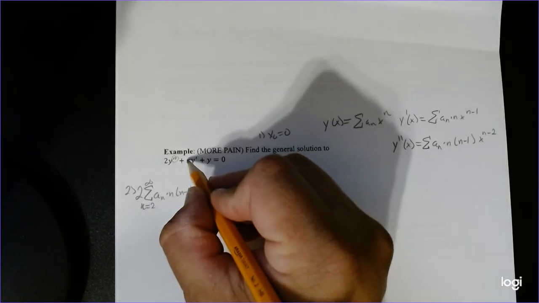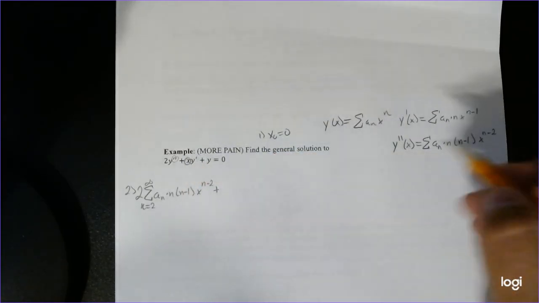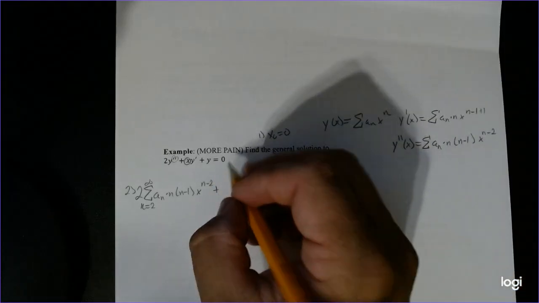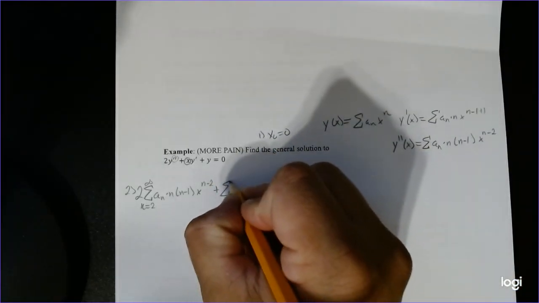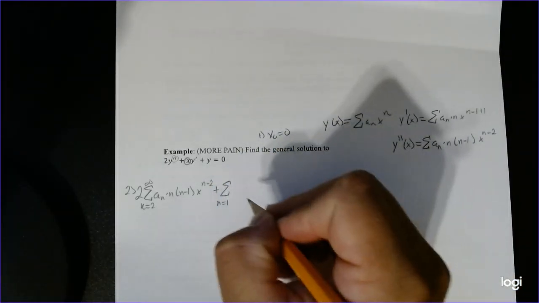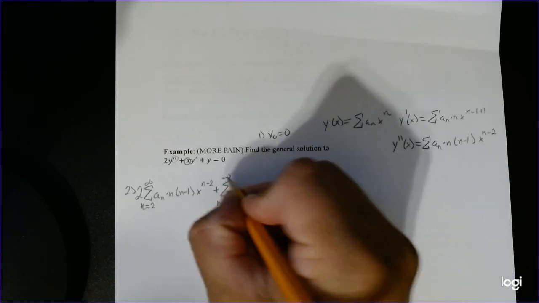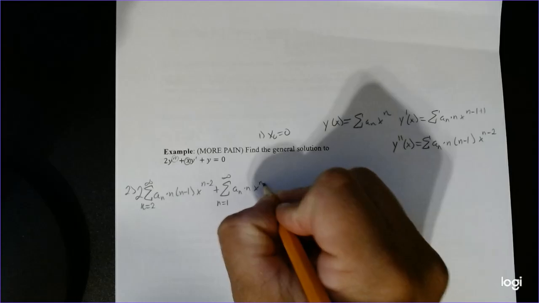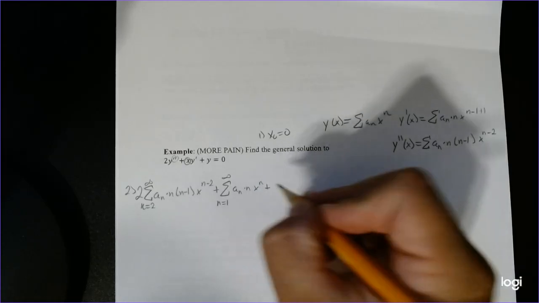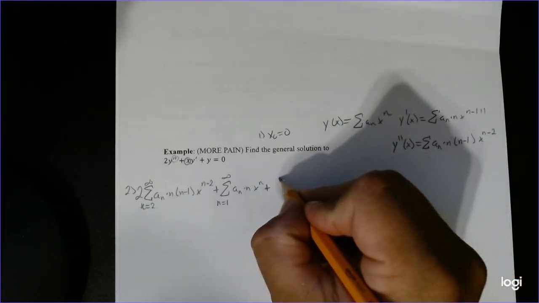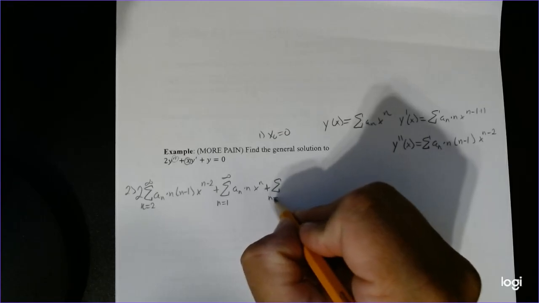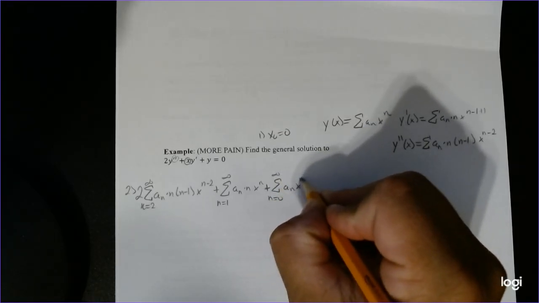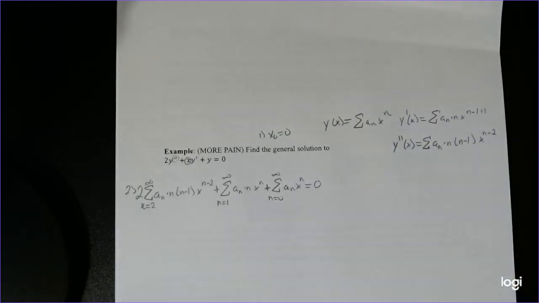So yeah, I'll put it in. So again, just like the last example, this x times this one will be adding it to it, so it just becomes n. There we go.